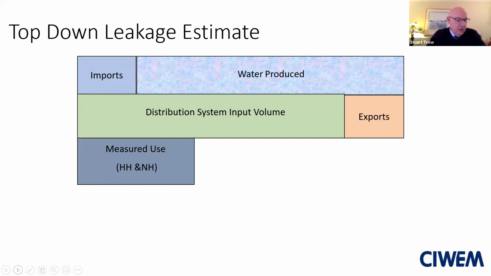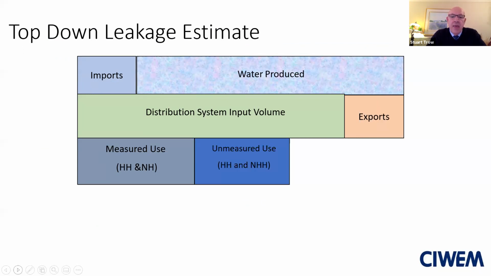We then have the measured use to measured households and non-households, for which we require meters, obviously. Then we have unmeasured use, and this is where we have estimates coming in. So that leads to some uncertainty in the top-down estimate. We also have miscellaneous use for our own operations and various other things. And what we're left with after we've deducted those elements is leakage.